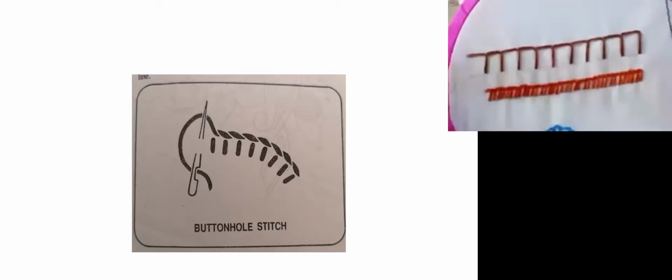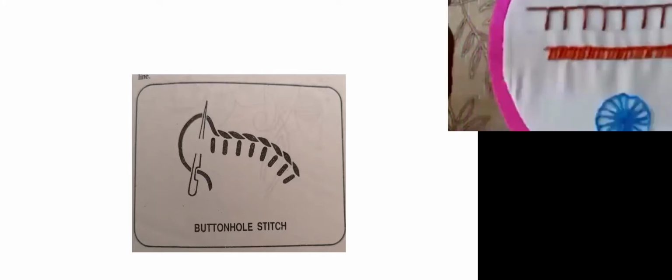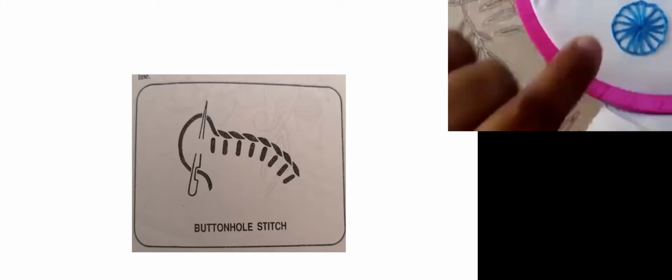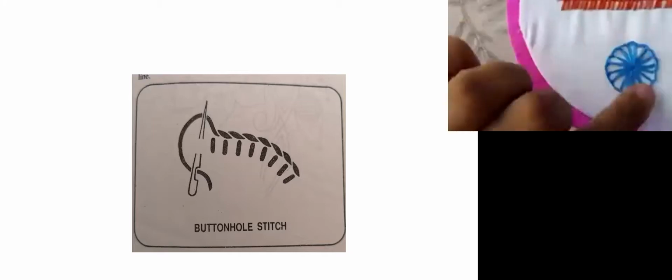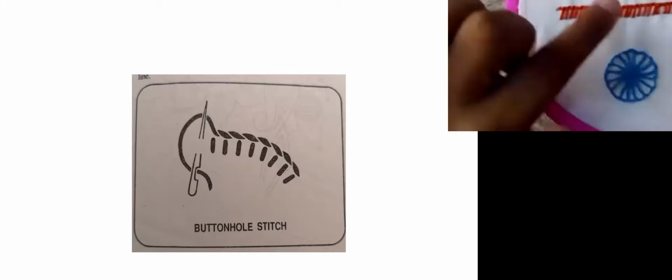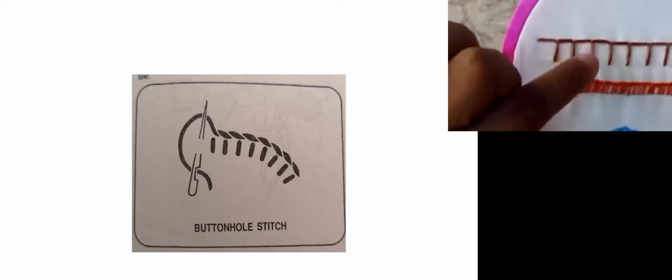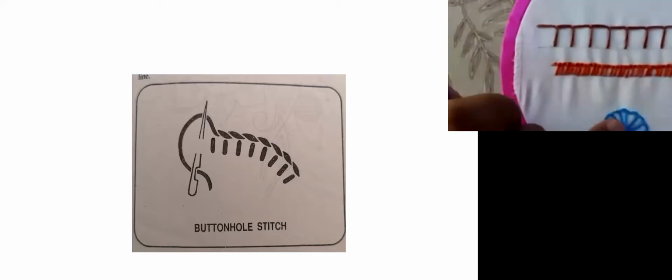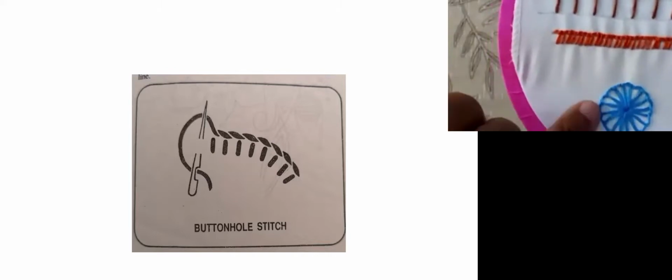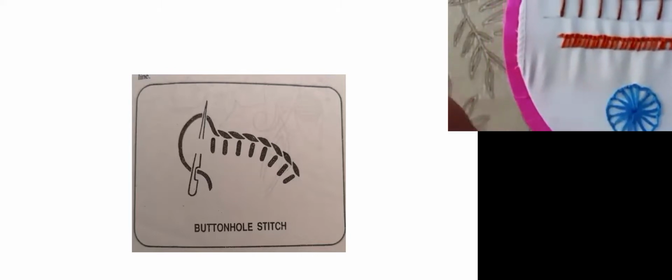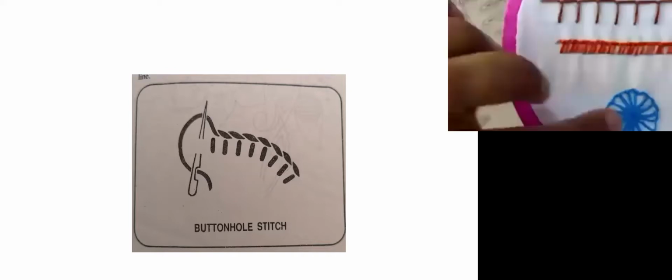This is what a blanket stitch looks like. If you want to do a wheel design, same way, just draw a circle and keep doing the same stitch a little closer and do the wheel design. This also can be used as flowers.